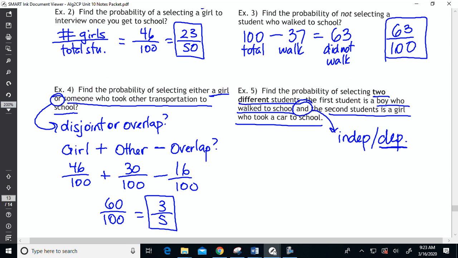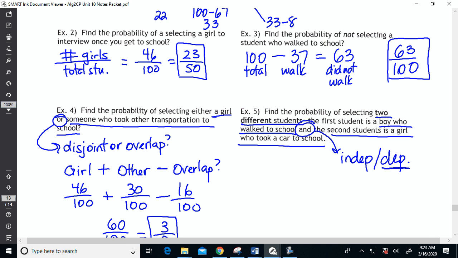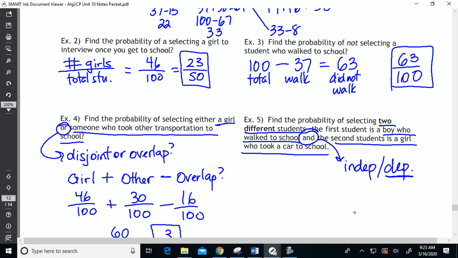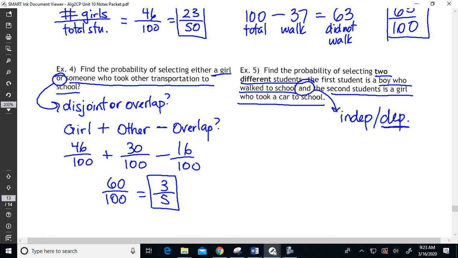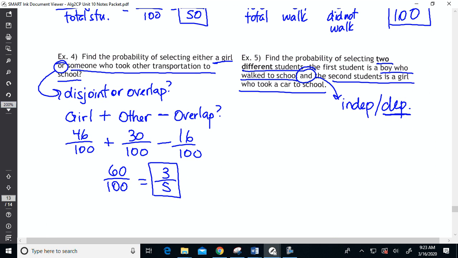So let's go ahead and work it out. A boy who walked to school. That's 15 out of the 100 total people.